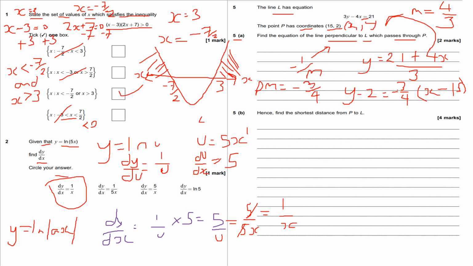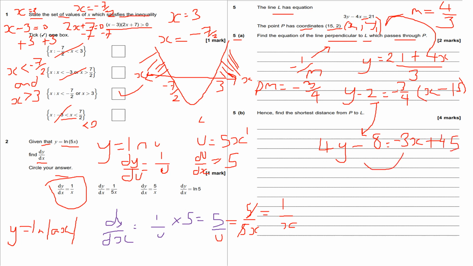So remember that formula goes y minus y1 is equal to m brackets x minus x1. So rearrange, so times up by 4 on both sides, so you have 4 lots of everything. So you have 4y minus 8, and times everything by 4, you get minus 3, bracket x minus 15, so minus 3x plus 45.